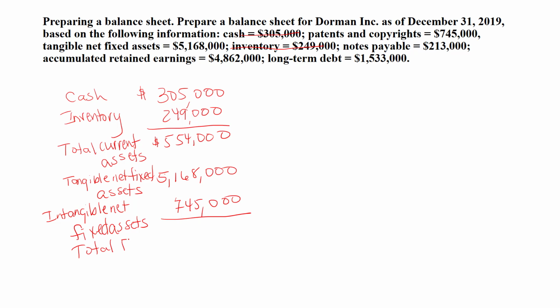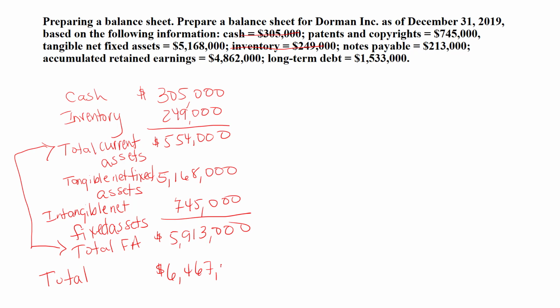So our total fixed assets are going to be $5,913,000, and when we add our total current assets to our total fixed assets, our total assets are $6,467,000. So our right-hand side, our liabilities and equity, have to equal this number as well.